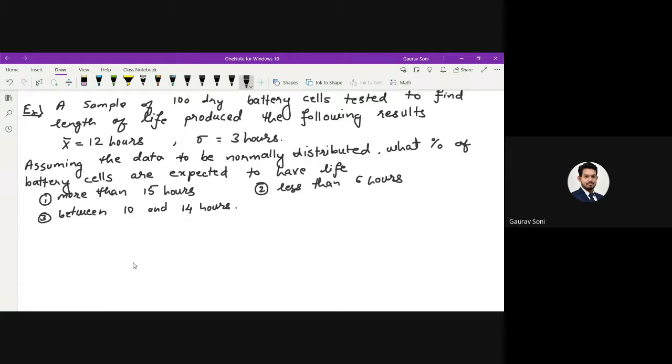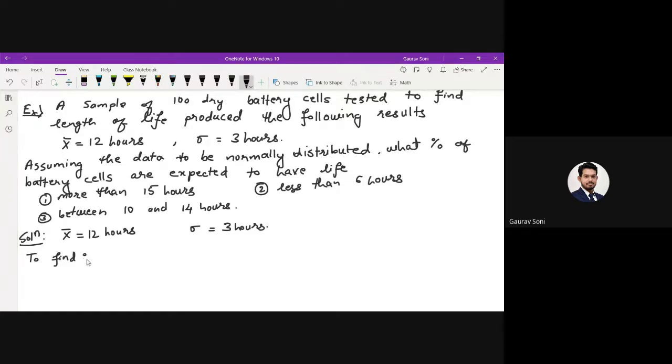Look, the original variable is always going to be x. So I'll just summarize what is given to us. X bar is 12 hours. Sigma is 3 hours. Now, what is to be found? I'll need the percentage of the batteries.